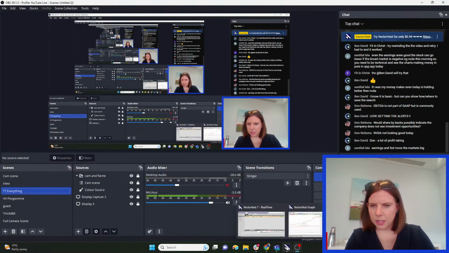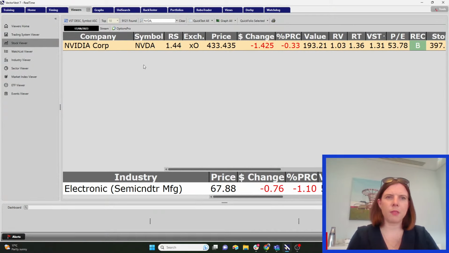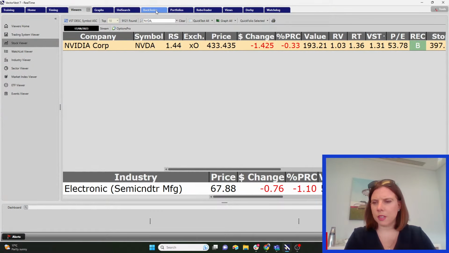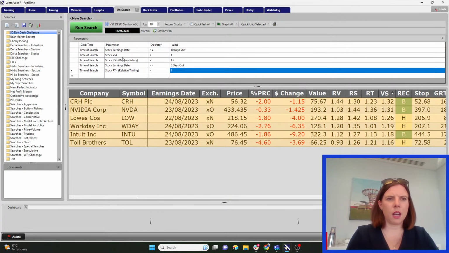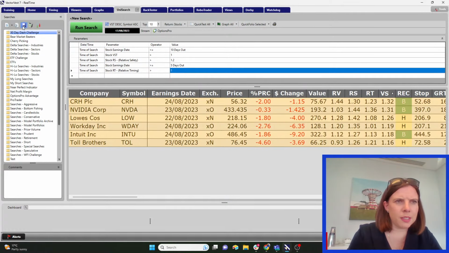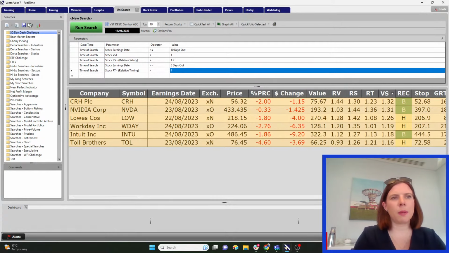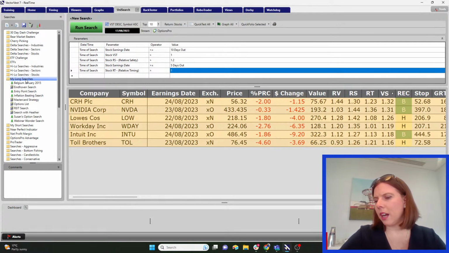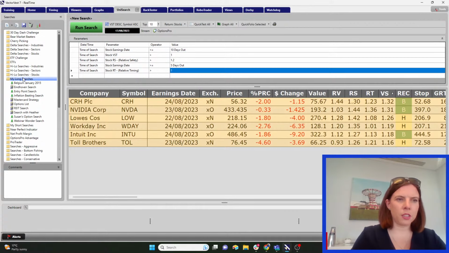Okay. And now let me pop back here, and I'm just going to show exactly how to do that. So here I have got this Unisearch, and what I'm now going to do is press this save button. Okay, so I'm just going to press this. I'm just making sure you can see. It's up here, top left hand corner, it's the floppy disk. Generally, Ben, what I do is that I look for my long searches.